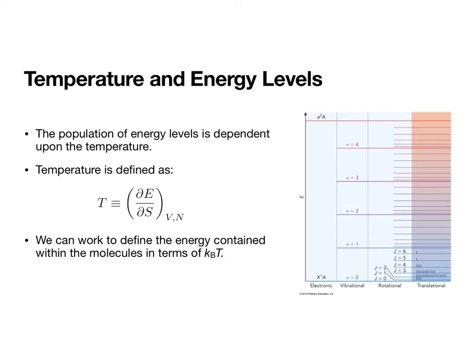So the population of the energy levels, this means the percentage of the number of molecules in a system occupying any particular energy, is dependent upon the temperature. And the temperature is defined as this partial derivative that we have seen several times.